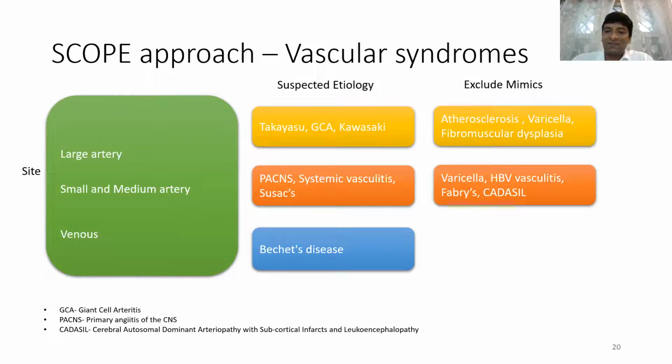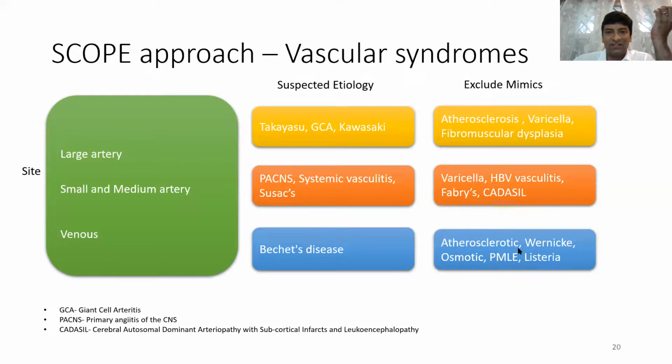Again, varicella can also produce a small vessel vasculitis, hepatitis B related cryoglobulinemia. Fabry's disease is one important differential for anyone, especially a young adult presenting with stroke-like syndromes. And CADASIL, which also presents with headache and white matter changes.